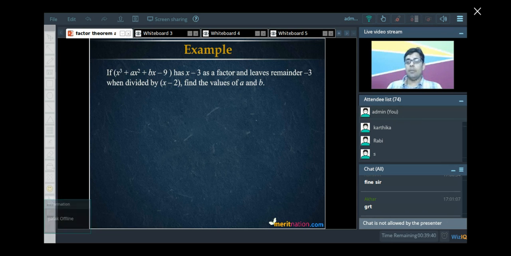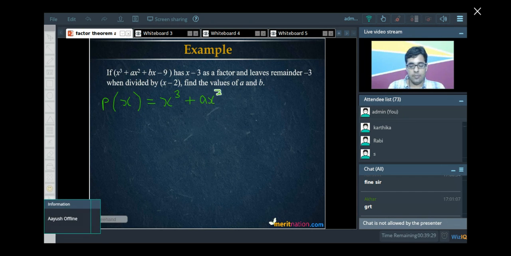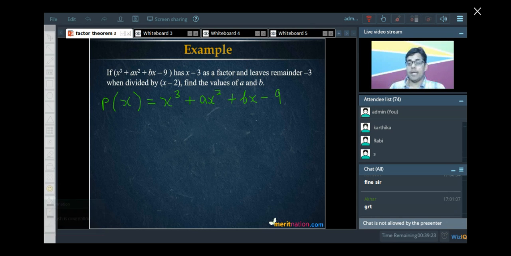The polynomial p(x) is given as x cube plus a x square plus b x minus 9. One factor is x minus 3. Therefore, by the factor theorem, p of 3 would become 0.